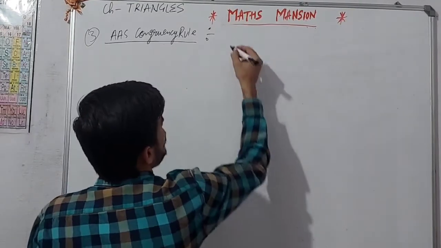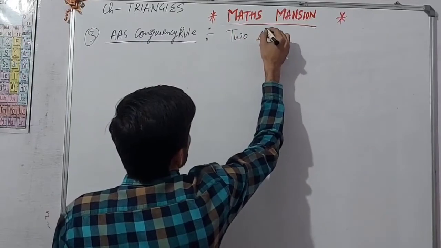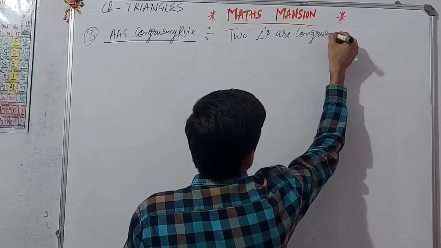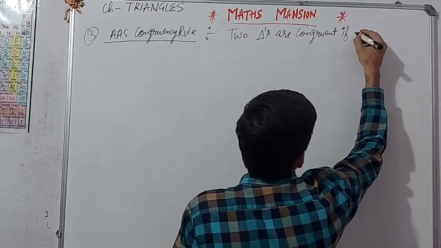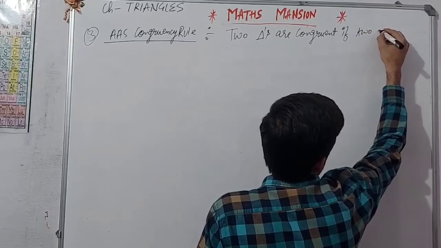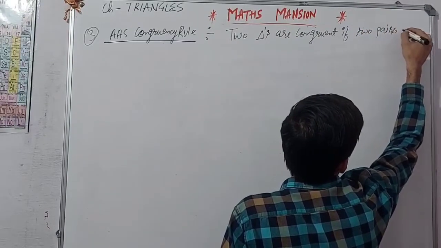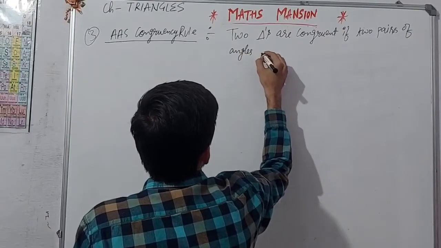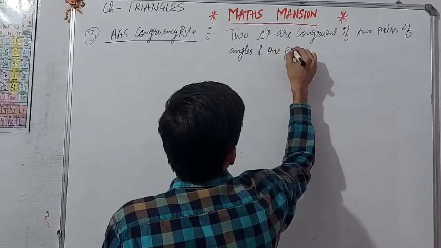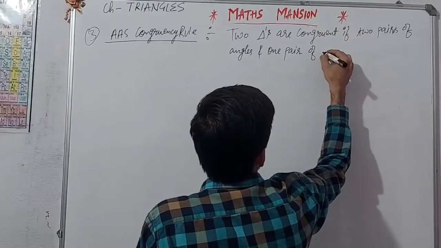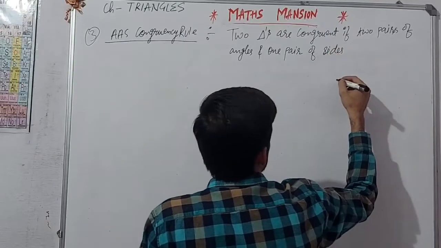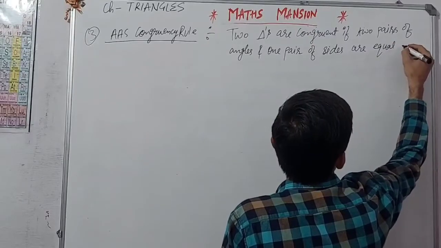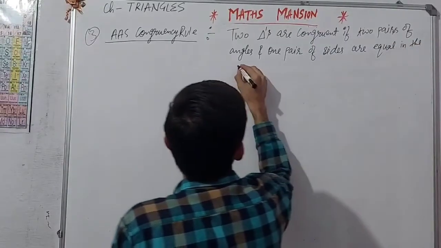So it says that two triangles are congruent if two pairs of angles and one pair of sides are equal in the given two triangles.